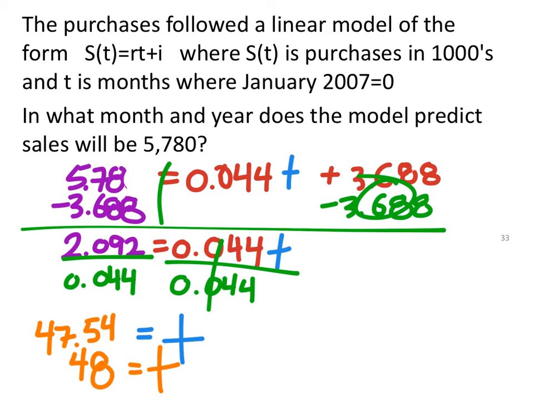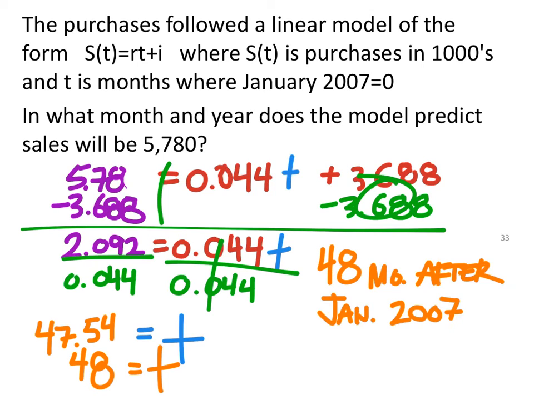So this is 48 months after January 2007. Well, 48 is a nice round number because every year is 12 months and 48 is a multiple of 12. So to figure this one out, we'll just add 4 years to January 2007, which puts us at, in actuality, January of 2011.